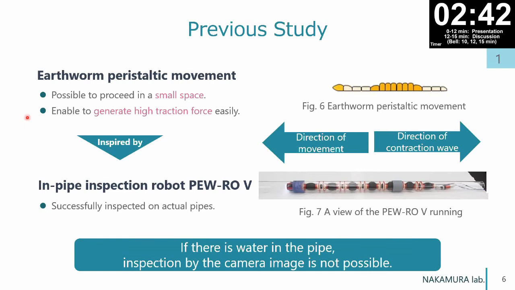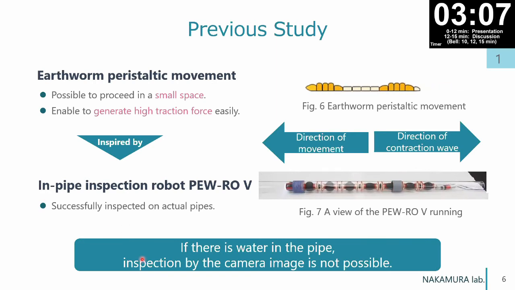Second, it can generate high traction force because it has a large contact area with the outer wall. Based on this peristaltic movement, we created the pipe inspection robot PEW-RO V, shown in figure 7. This robot successfully inspected actual pipes.